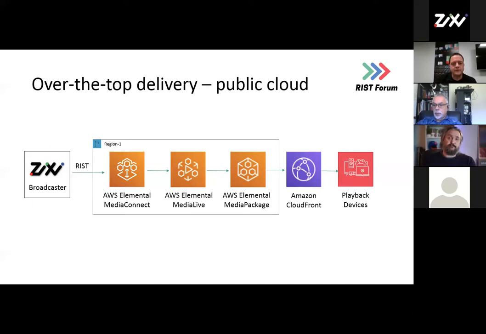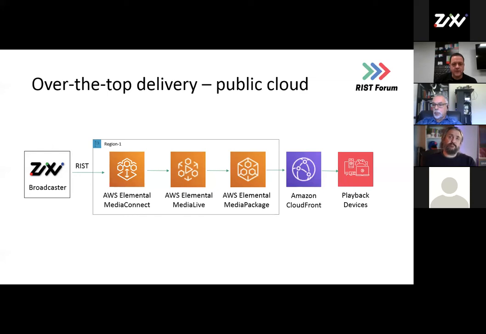Yeah, I think the contribution side of this diagram is fairly simplified. What you're actually going to be doing there is contributing into an editing workflow somewhere. It could be an on-prem workflow, or a cloud-based workflow. So you might use RIST to get all your feeds up into a cloud-based editing workflow, and then in a multi-cloud scenario, you might need to use RIST again to get the final program over to where you're going to be doing the packaging and transcoding.